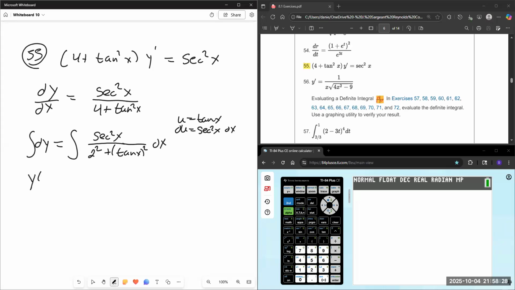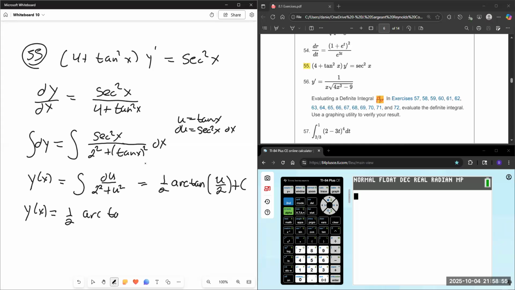So y of x is equal to the integral of du over 2 squared plus u squared, which is 1/2 arctangent of u over 2 plus c. y of x is equal to 1/2 arctangent of tangent x over 2 plus c.